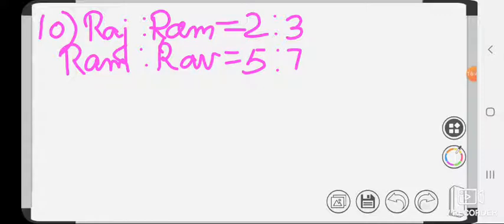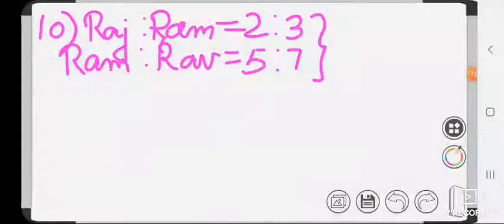So first of all, we can find what type of ratio this is. These ratios are in continued proportion. Why? You can see the person Ramu is repeated. Instead of term B, here the second person Ramu is repeated.